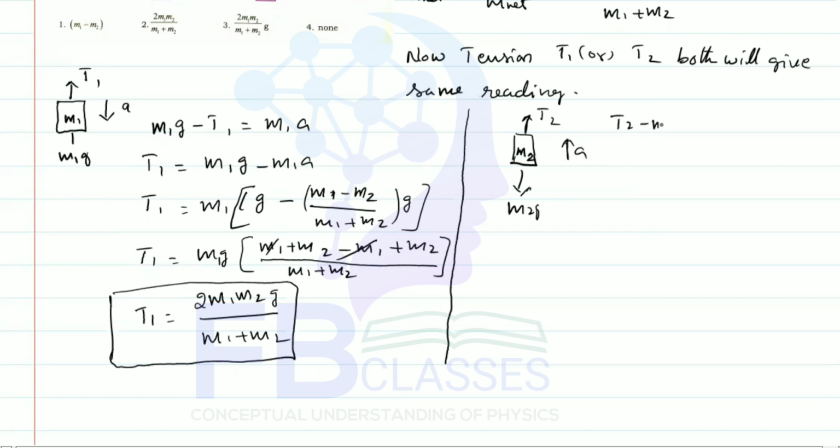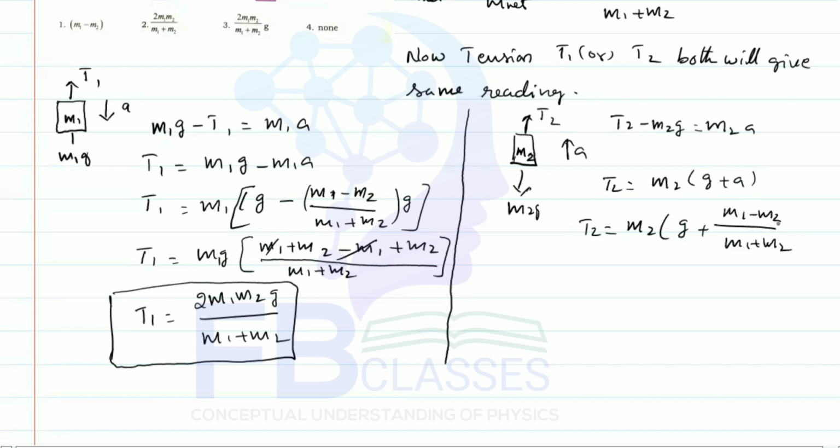So T2 minus m2g is equal to m2 into a. So T2 is equal to m2, take common, g plus a. So T2 is equal to m2 into g plus the a value, which is how much, my dear? m1 minus m2 upon m1 plus m2 into g, right?